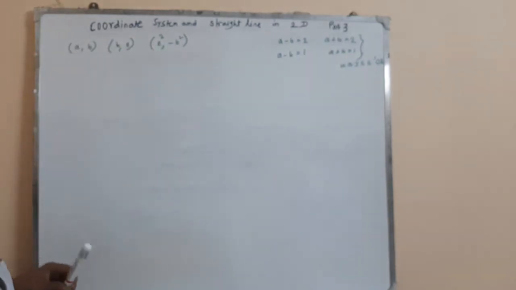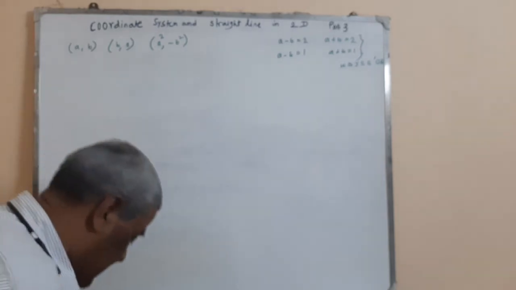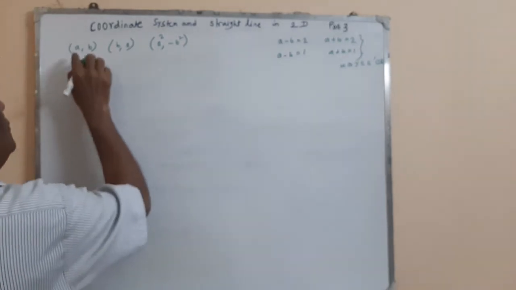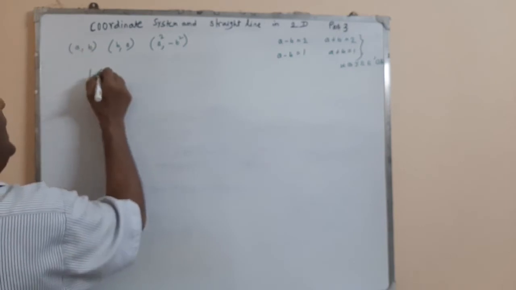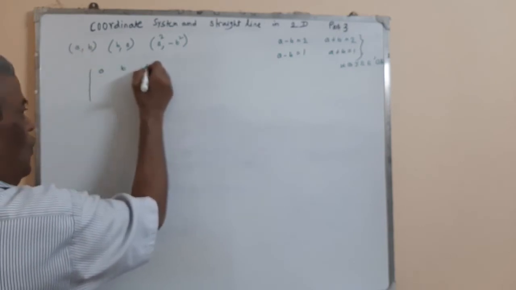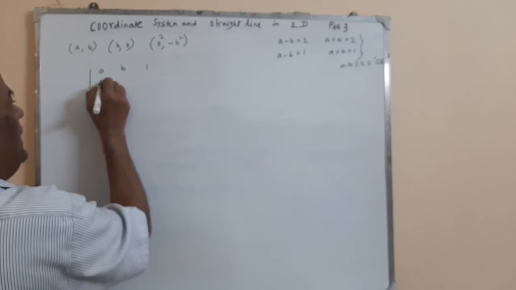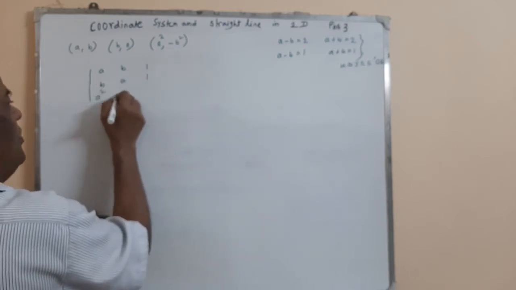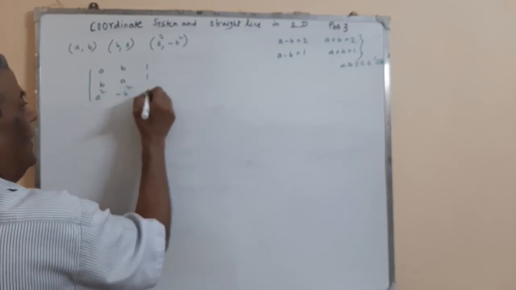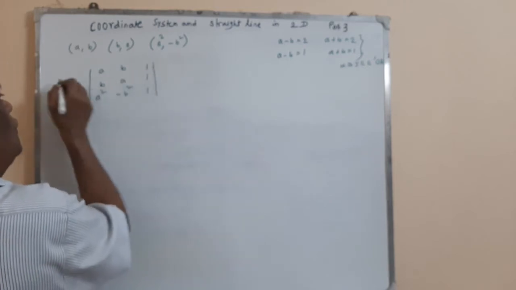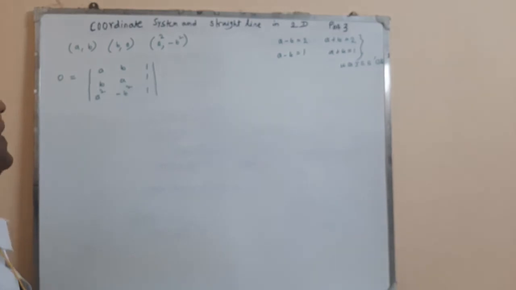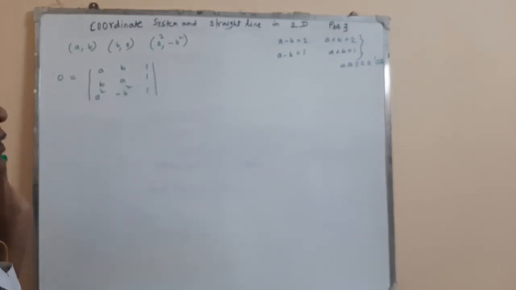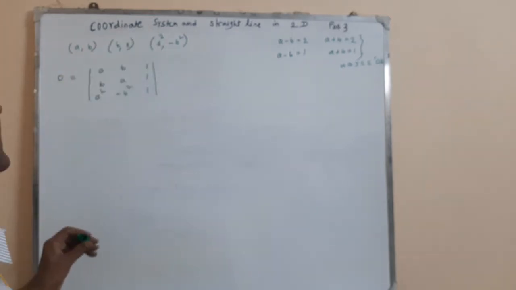We know that 3 points will be collinear if the determinant value, first point A, B, 1, second point B, A, 1, third point A square, minus B square, 1, is 0. Determinant value of this must be 0 if they are collinear.